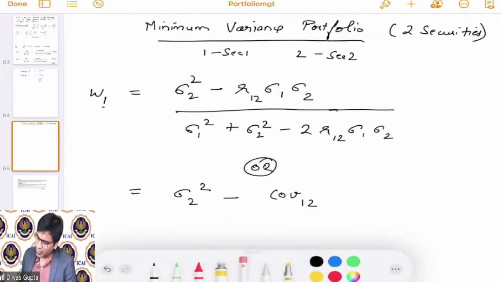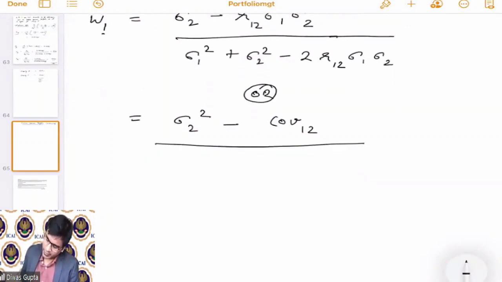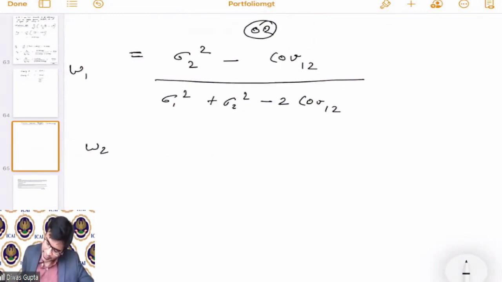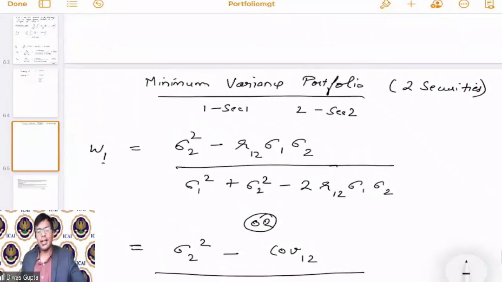This is what we have put, divided by the variances of both, minus 2 covariance of 1 and 2. This is also weight 1, and simply the weight for the second will be 1 minus weight 1. So with this you can easily calculate weight 1 and weight 2.